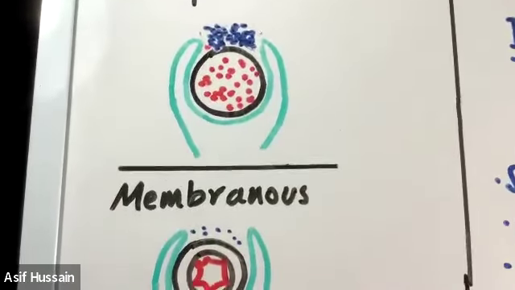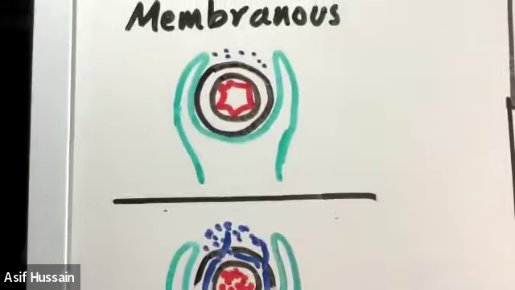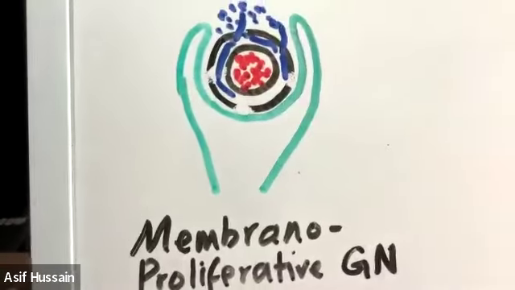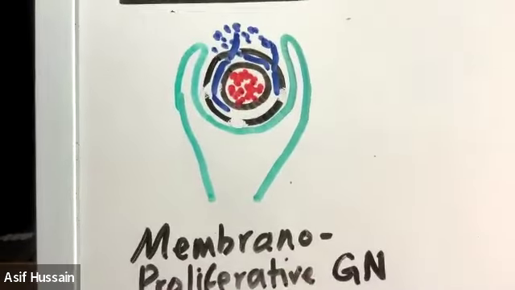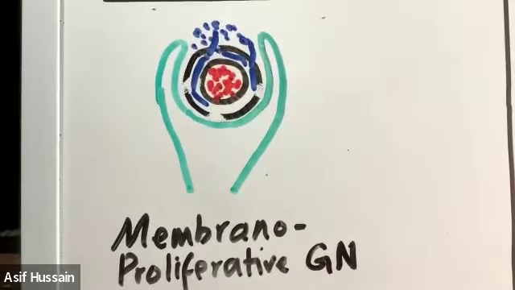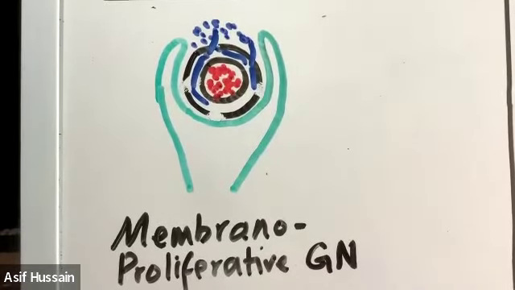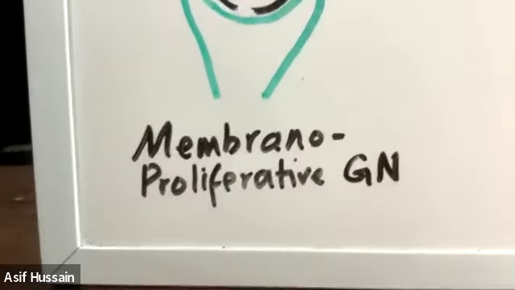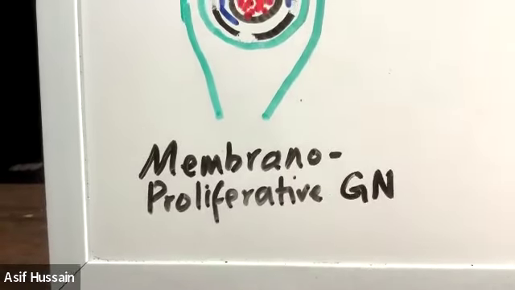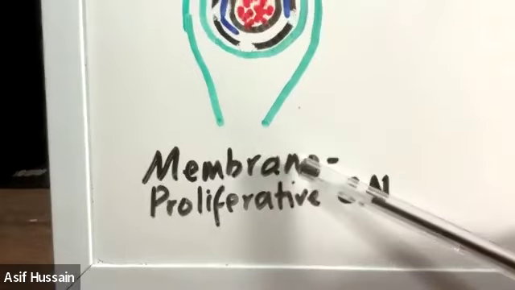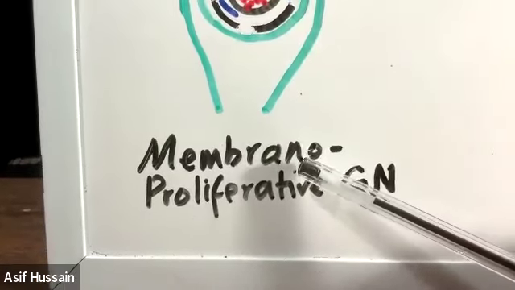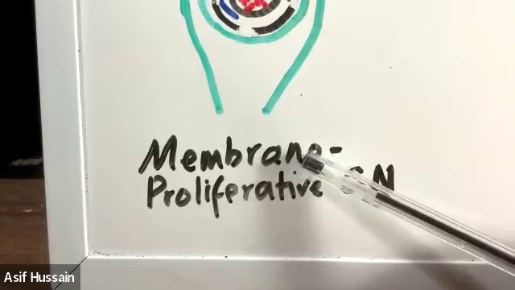Proliferation of the mesangium and endothelium, and also the splitting of the basal membrane, are happening simultaneously. When both the process of proliferation plus the membranous split happen together, this is called membranoproliferative. As the name indicates, there's a membranous pathology where the membrane becomes weak and leaky and disperses.